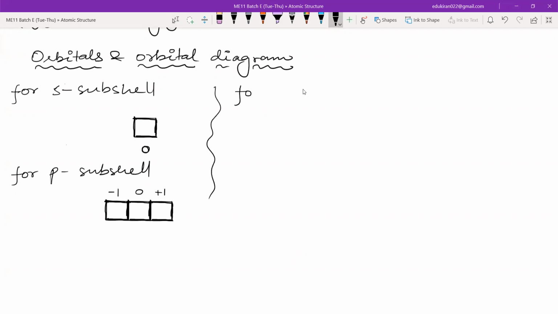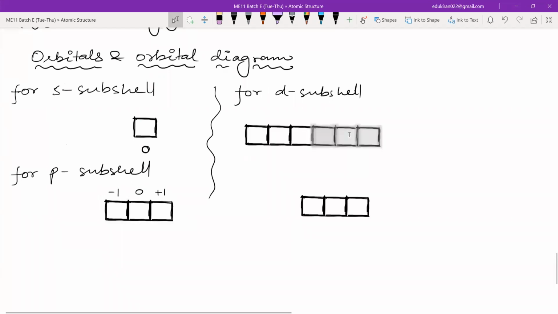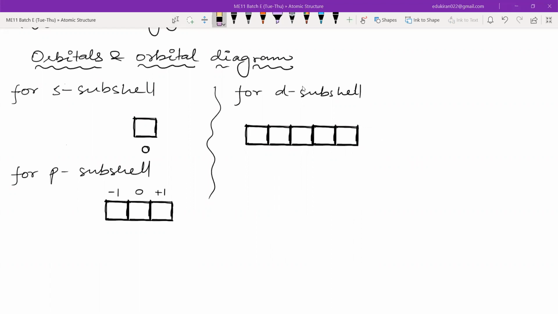Now, similarly, for D subshell, not 6, 5 only. For D, we have 5 orbitals, right? So this will start with -2, -1, 0, +1, +2.